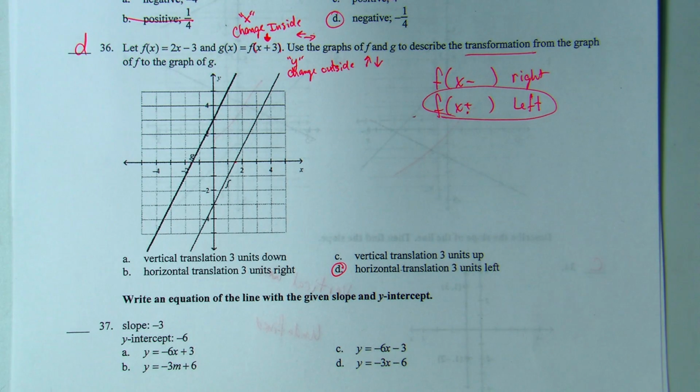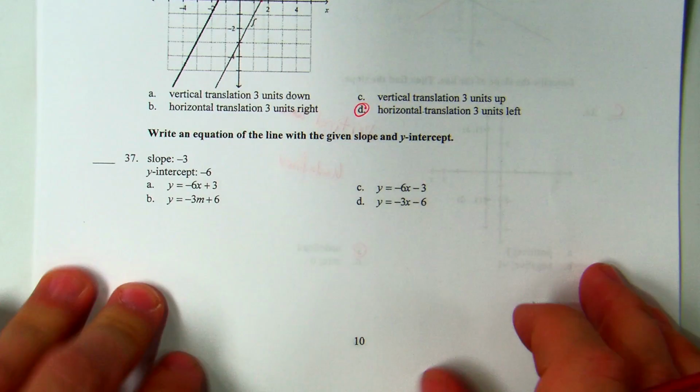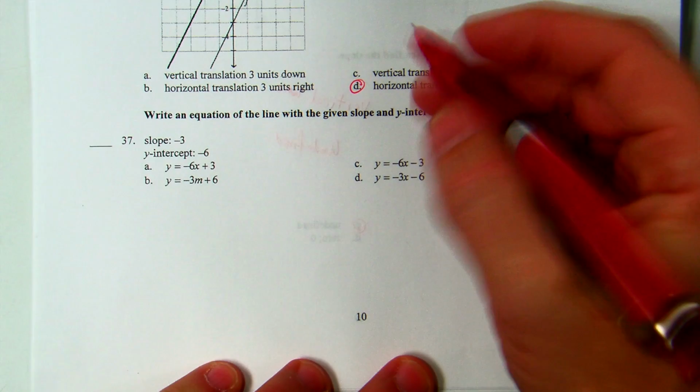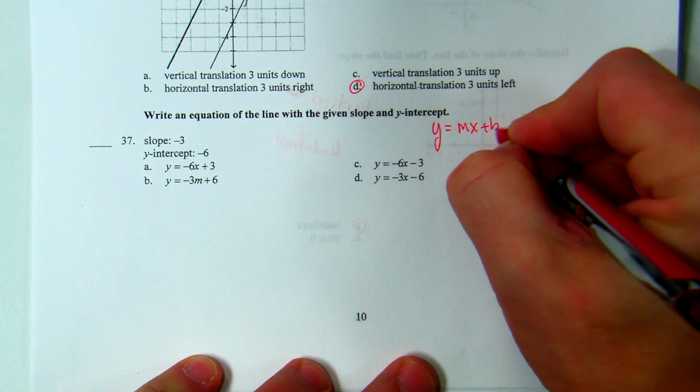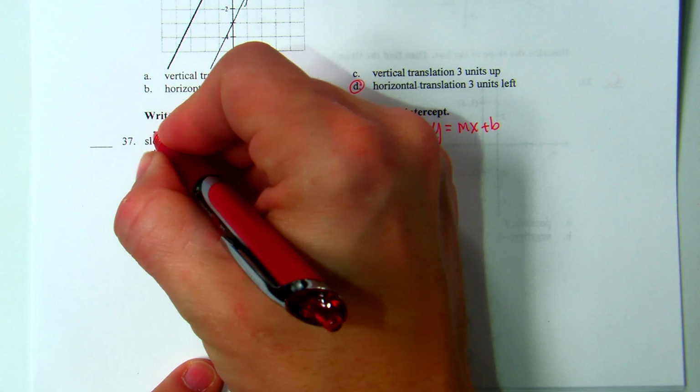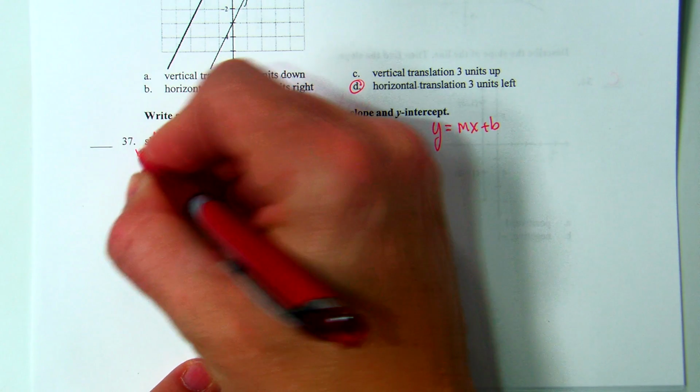Okay, all right, moving along to number 37. On 37, they're asking us to write the equation of a line with a given slope and the y-intercept. This is going to be extremely simple and extremely quick. We're looking at putting it in this form. They give us the slope, which is m. They give us the y-intercept, which is our b.